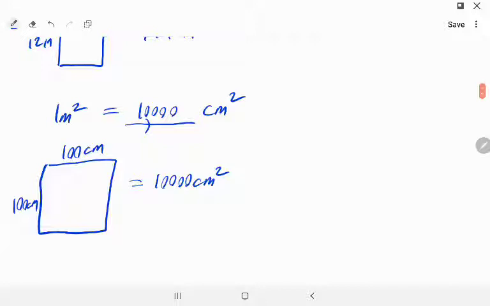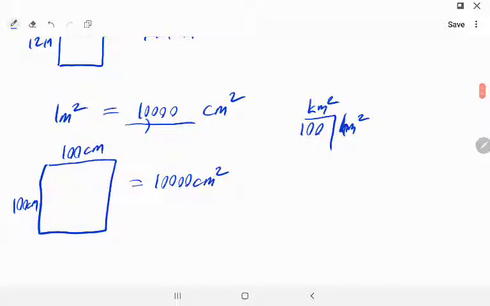So in general, you can use the same kind of staircase model for metric areas as we used for linear measures, but now we're going to multiply by 100 instead of multiplying by 10. If we want to go from square kilometers to square hectometers, we multiply by 100, 10 squared.